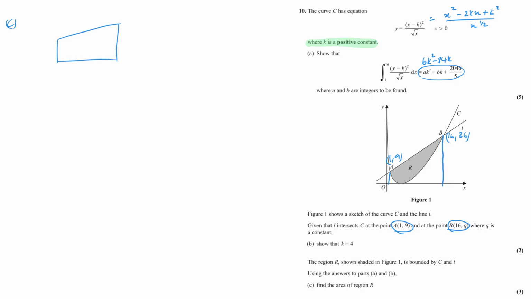Goes from 1, 9, so it's 9 high, and this is 16, 36, so it's 36 high, and 1 minus 16, that's 15. Okay, so this is what we've got. Trapezium. So area of the trapezium is a plus b, so 9 plus 36 divided by 2 times by 15.